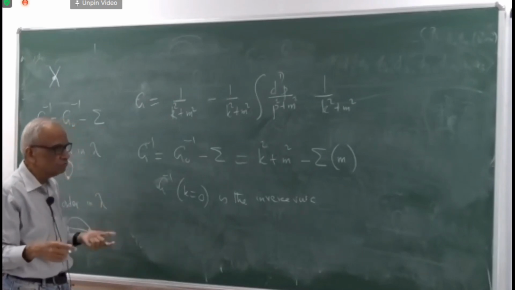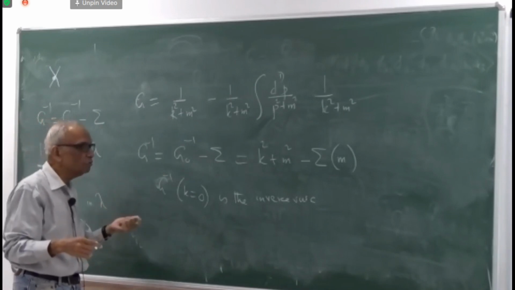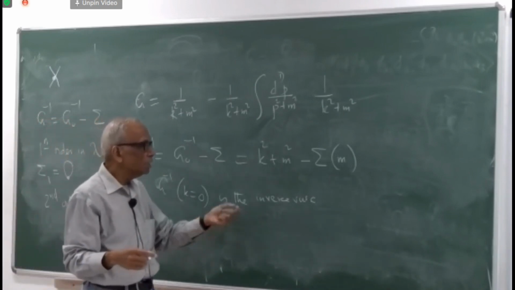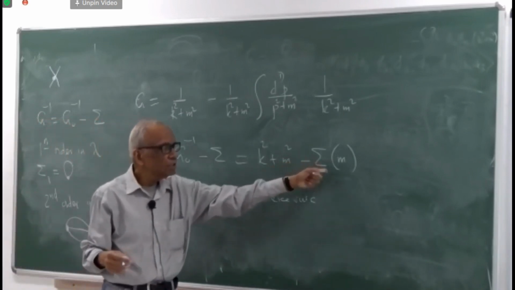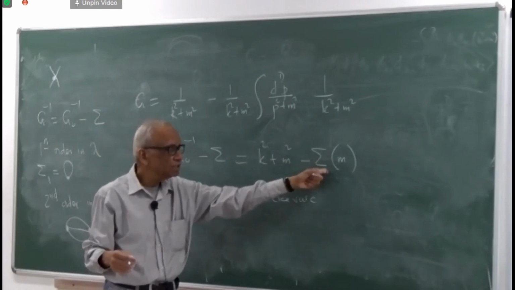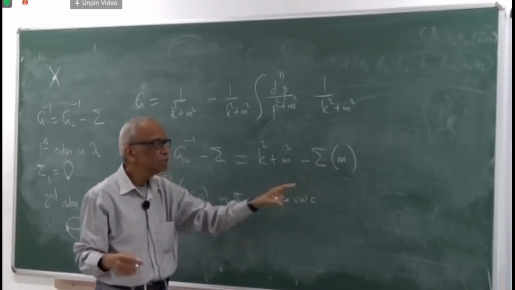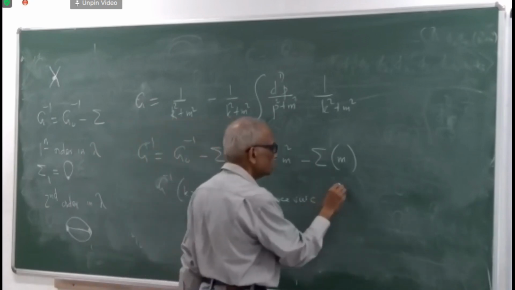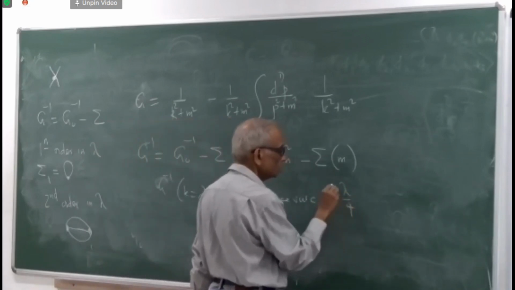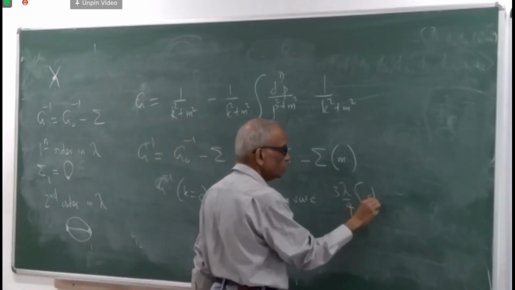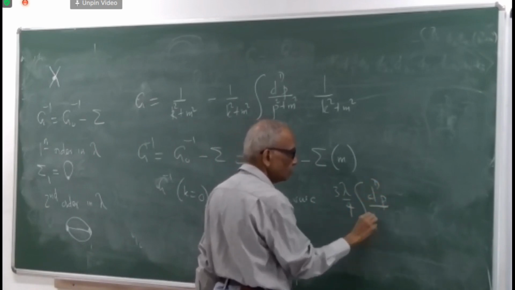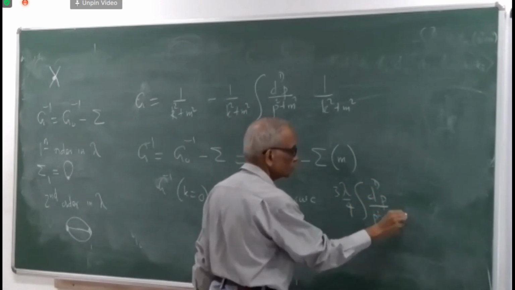So this is the inverse susceptibility. So I put k equal to 0, and I get m squared. But then there is this integral, this correction, which is divergent, because this correction is 3 lambda over 4 integral d^dp over p squared plus m squared.